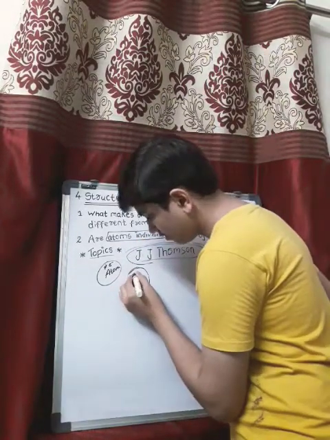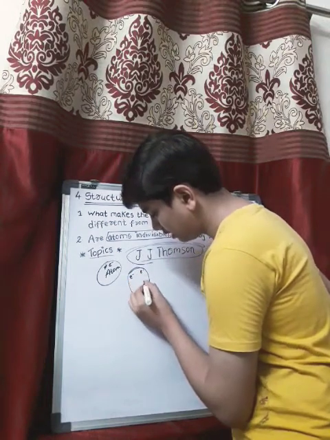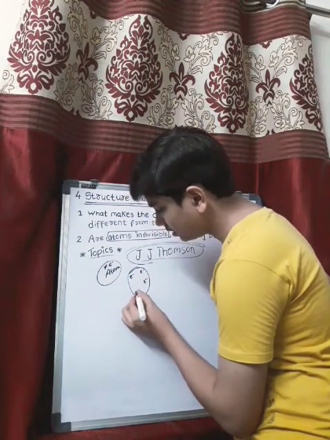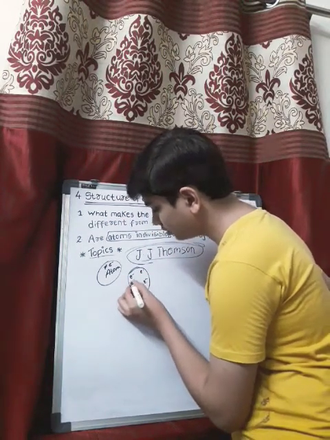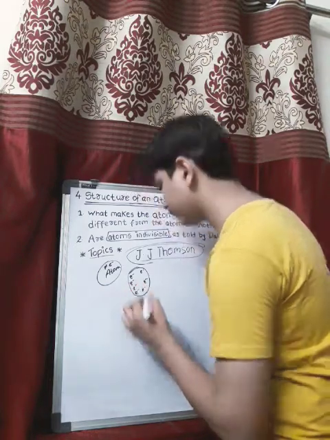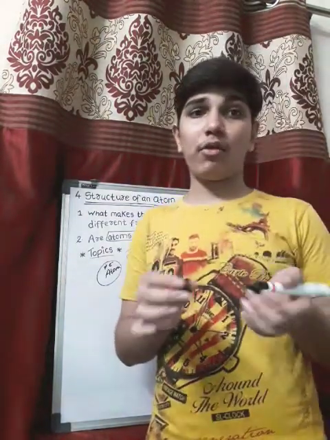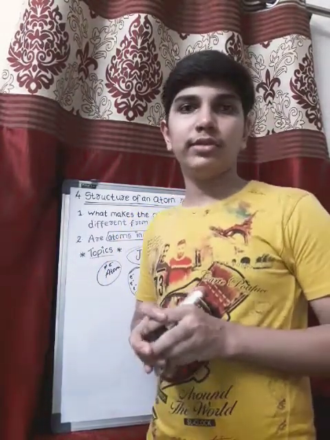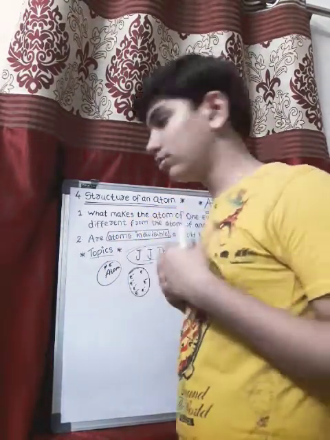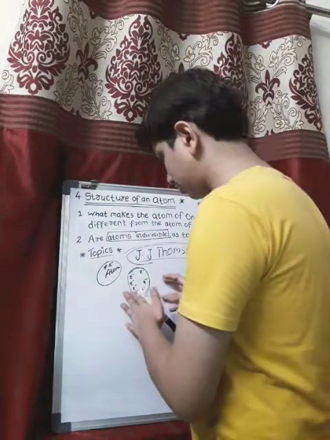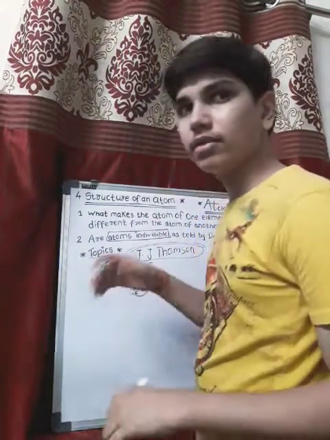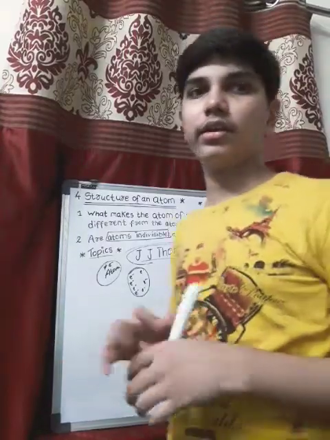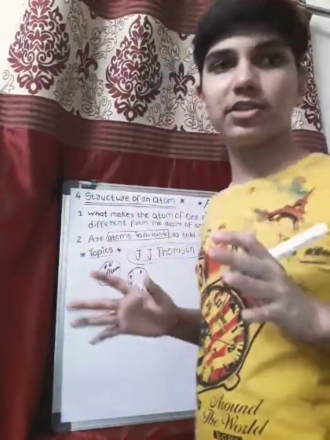Now these e minus particles, that is electrons, are nothing but dry fruits in a kheer. According to Thomson, not according to me. Otherwise you will be telling your teacher that according to Anand, dry fruits are electrons. No, this was according to Thomson, right?